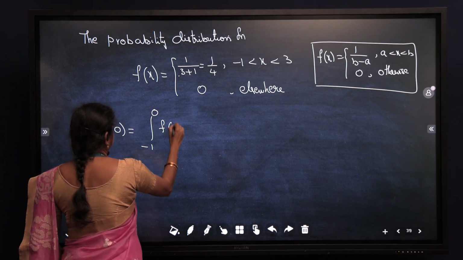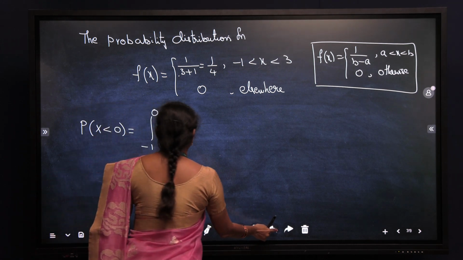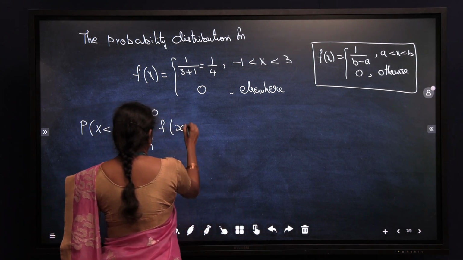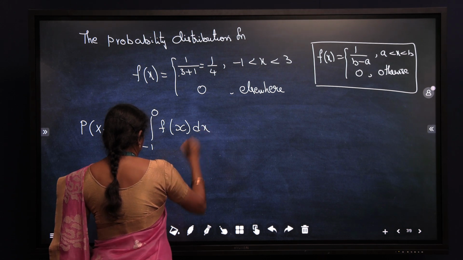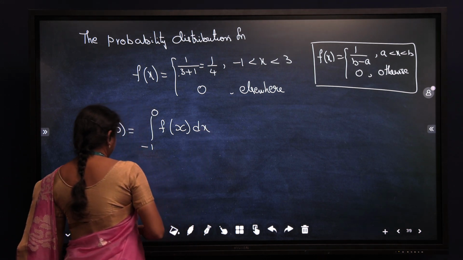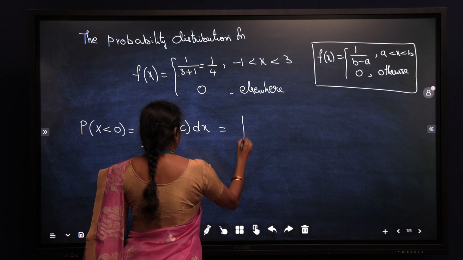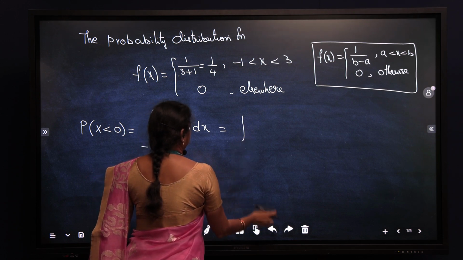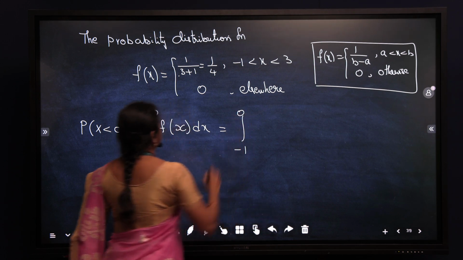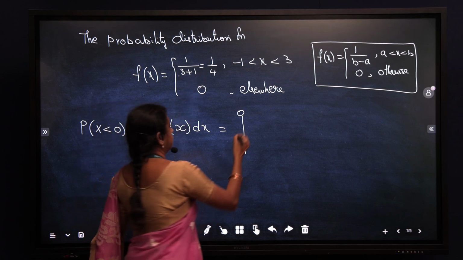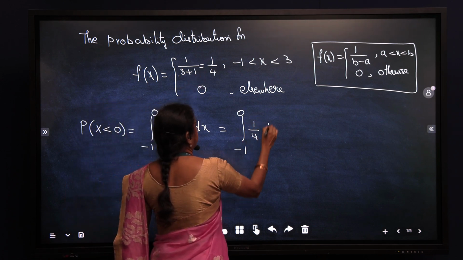The integral of f of x from minus 1 to 0, and f of x is 1 by 4, so 1 by 4 dx.